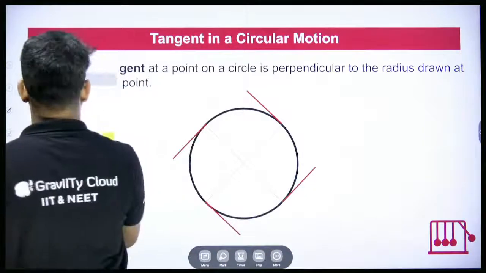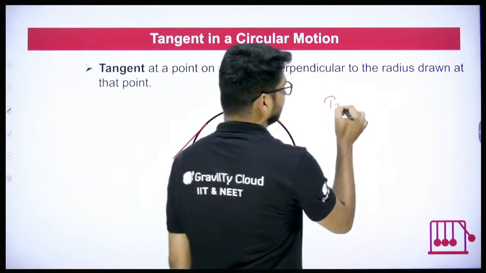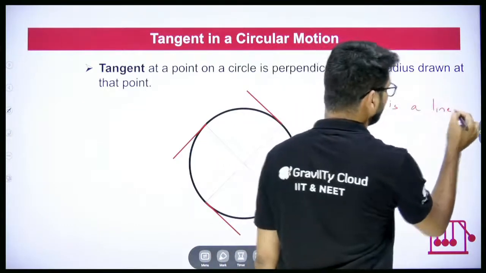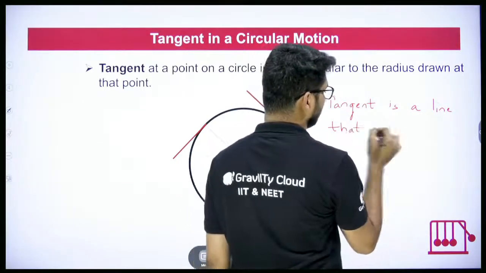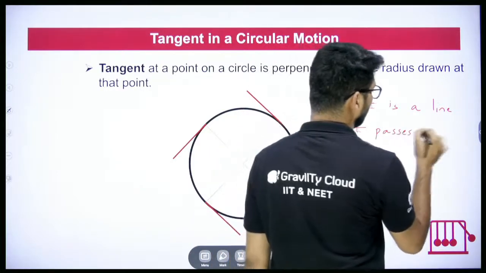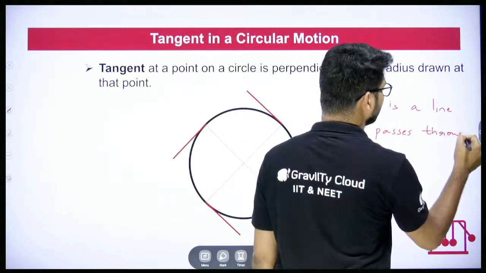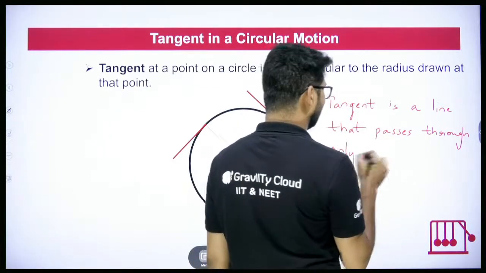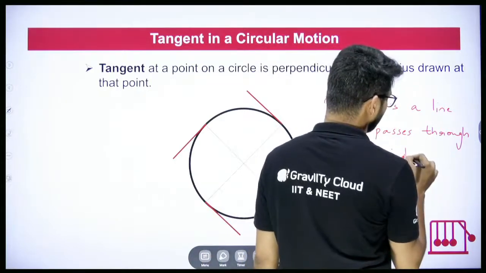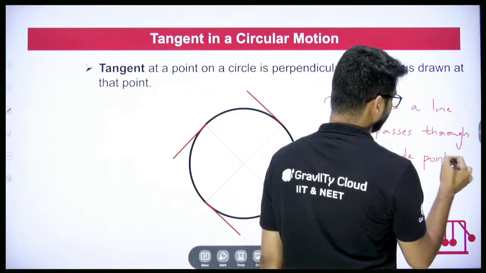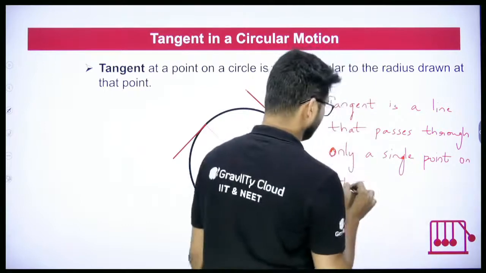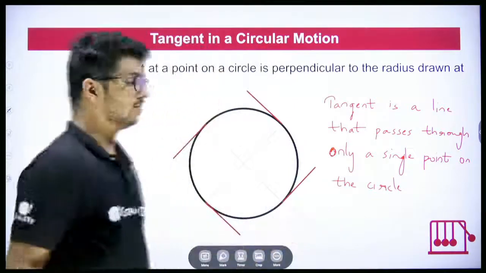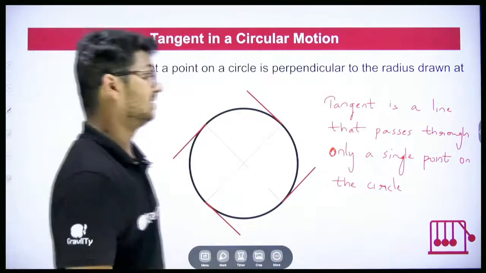A tangent is a line that passes through only a single point on the circle.